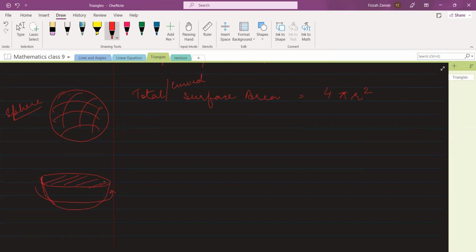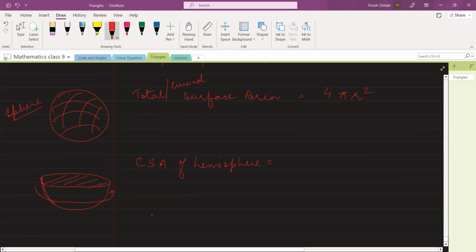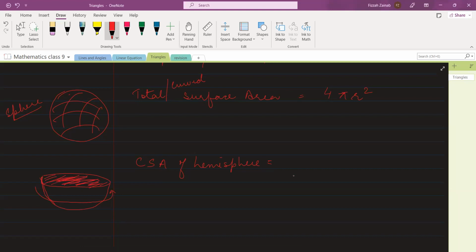So if we want to find only the curved surface area, that is CSA of hemisphere, this is just half of the sphere, right? Because only the curved part we are looking at, not this inside, not this flat part, only the curved. So this is just half of the total surface area of the sphere. So this is 2 pi r square.